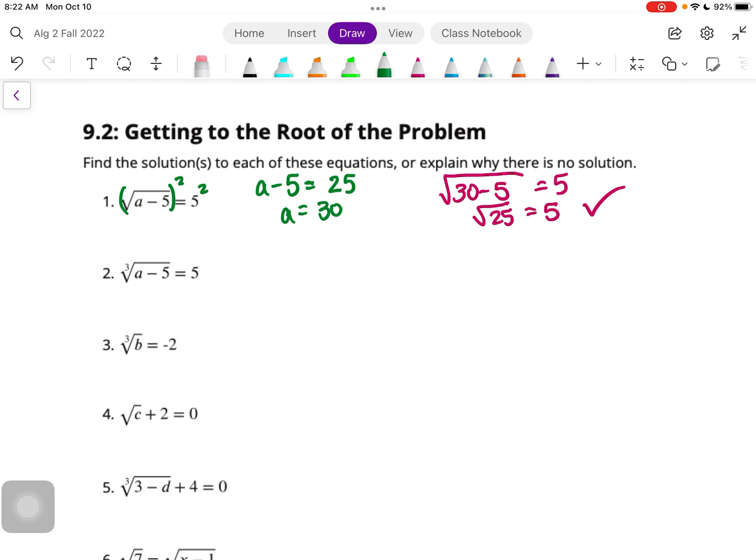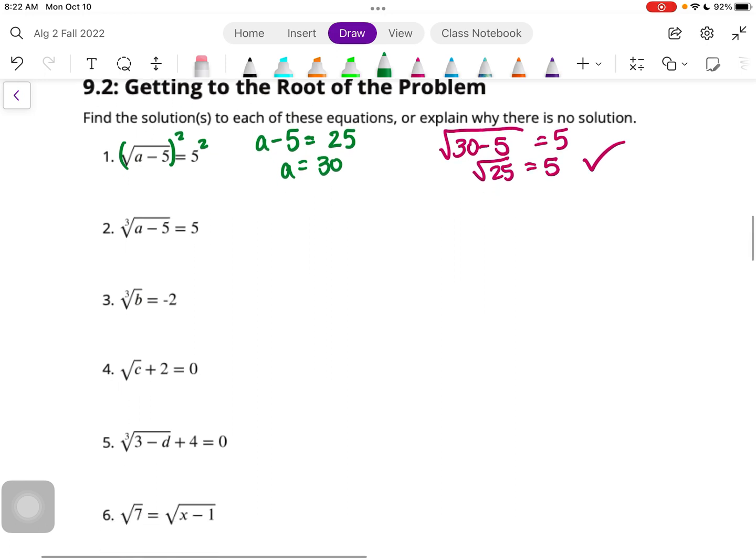All right, then for number 2, I'm going to cube both sides. And that's going to get rid of my radical. And so I get a minus 5 equals 125, because that is 5 cubed.